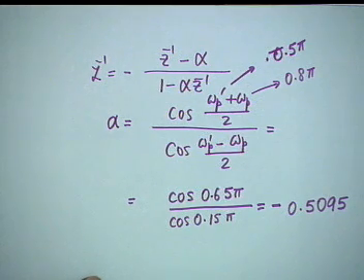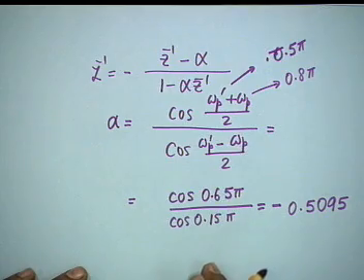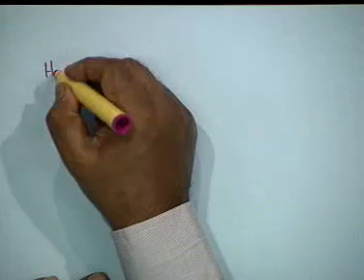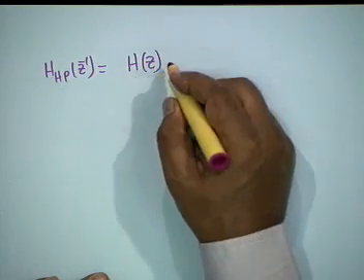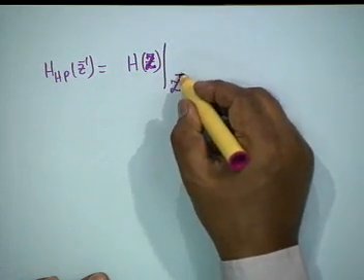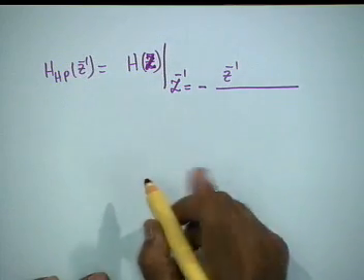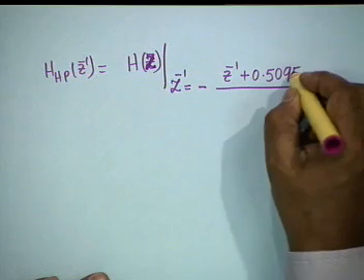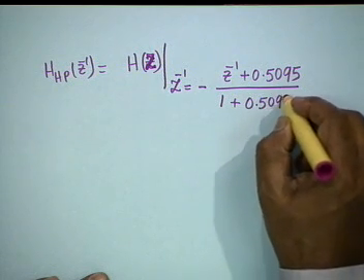I kept up to 4 places, and therefore all that you have to do now is take capital H of capital Z and put HP of z inverse equal to capital H of capital Z under the condition capital Z inverse equal to minus (z inverse minus alpha) divided by (1 minus alpha z inverse), but alpha itself is negative, so plus 0.5095 divided by 1 plus 0.5095 z inverse.